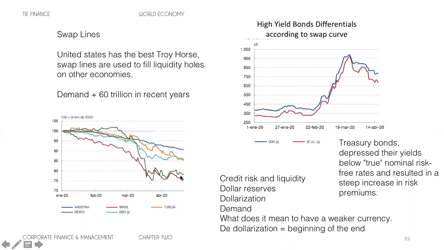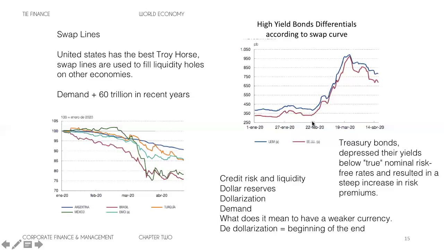This is super negative for these economies, and this is really good for the US dollar because they are demanding dollars. The problem is when these dollars go back to the USA, and this is when hyperinflation could kick in, which would be the best scenario for gold, right? And this is alarming as well, because the high yield bond differentials, according to the swap curve, spiked in the pandemic, and they started even before all this turmoil, when everything was happening in the news, right?